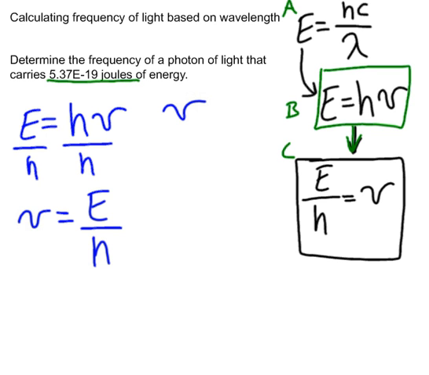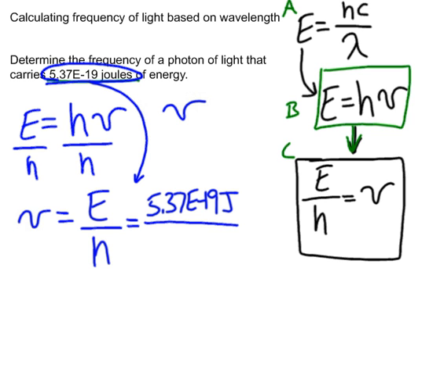So, continuing on, the energy, which is right here, I'm going to put there. So it'll be 5.37 times 10 to the negative 19, and I'm making sure I'm keeping track of my joules right here, over Planck's constant, which is 6.63 times 10 to the negative 34 joule seconds.